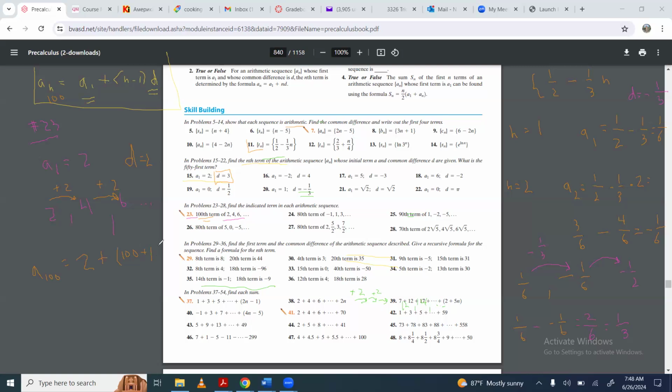So 99 times 2, and then I add it with another 2, so there'll be 100 of those 2's, and 100 times 2 is 200. So 100 says 200. Or you can use a calculator if you like, you can double check that. Make sure you did it right. So nice little exercise.